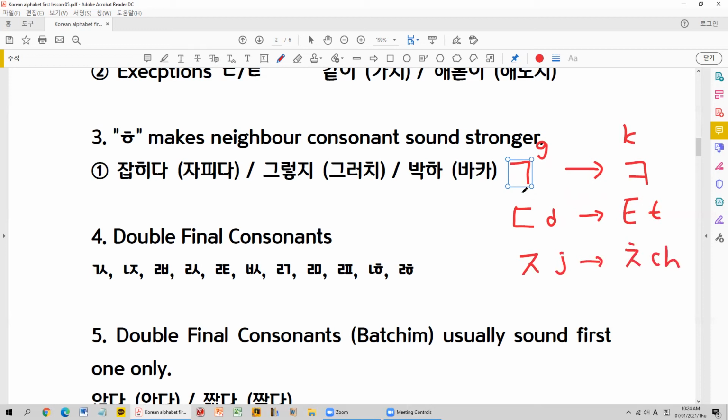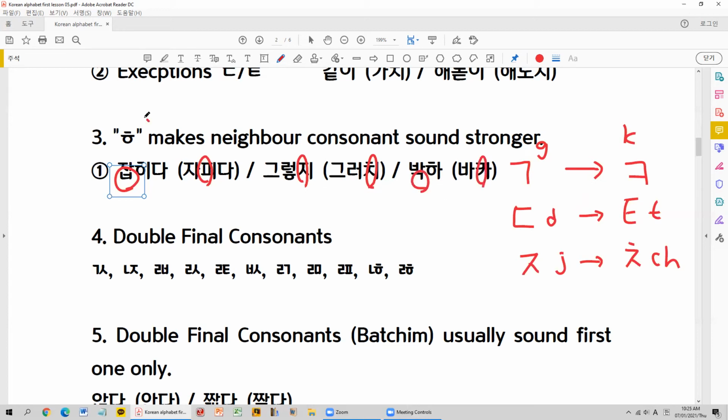So this is the normal sound, and this is the stronger sound. So G, K, D, T, J, CH. So it changes like this. This B sound changes to a P sound. This J sound changes to a CH sound. G sound changes to a K sound.